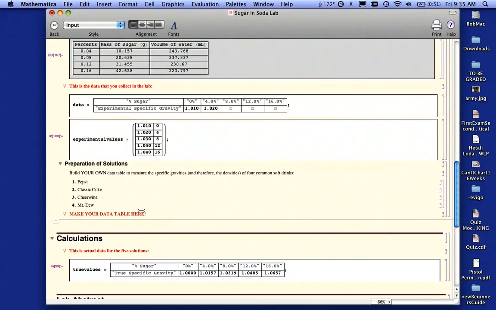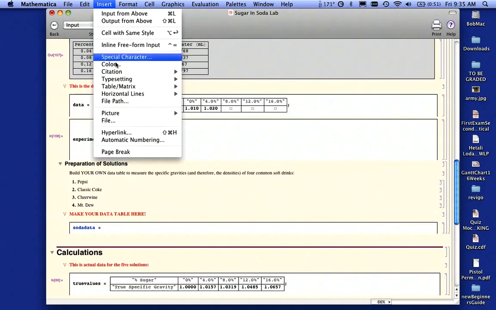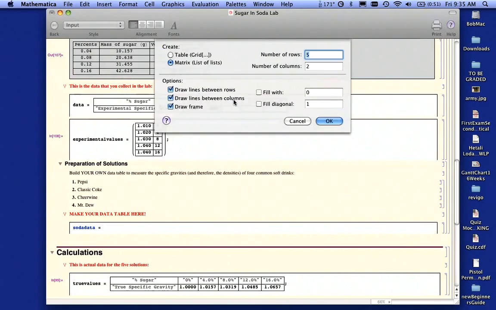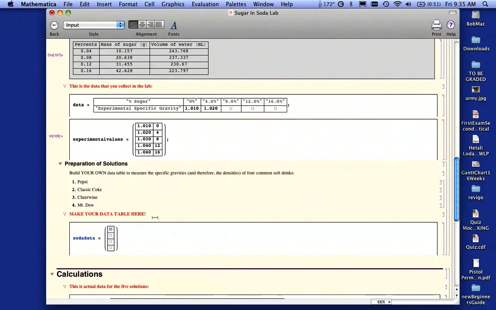Okay, down here, I'm going to call this my soda data. And again, I'm going to make a data table there. I'm not sure exactly what you did there. And I'm going to have 4 rows with 1 column. Okay, so I'm going to say 1.050 was my density of the Pepsi.